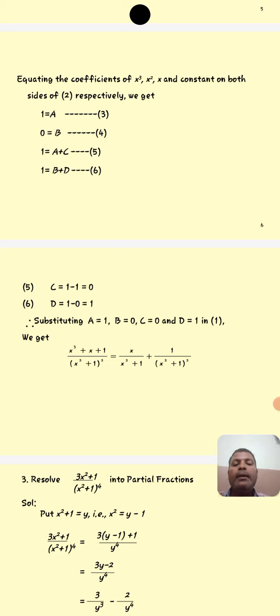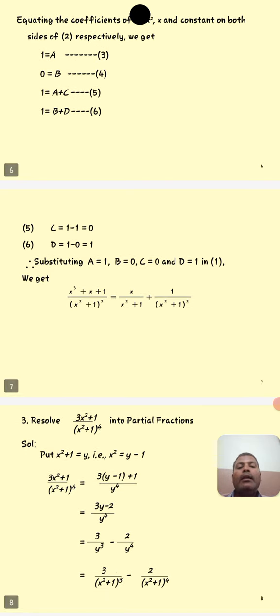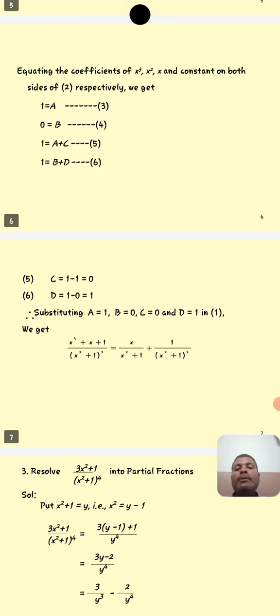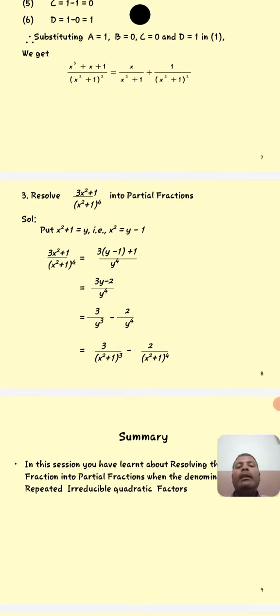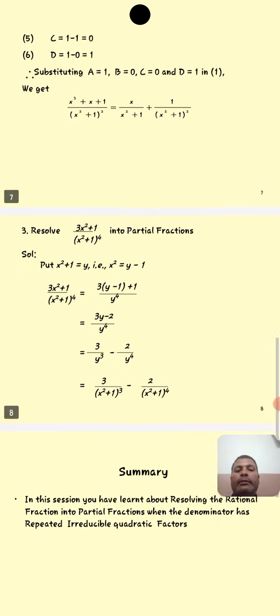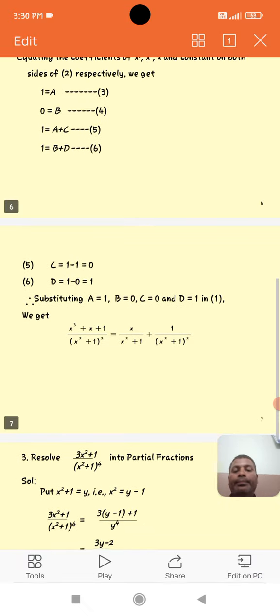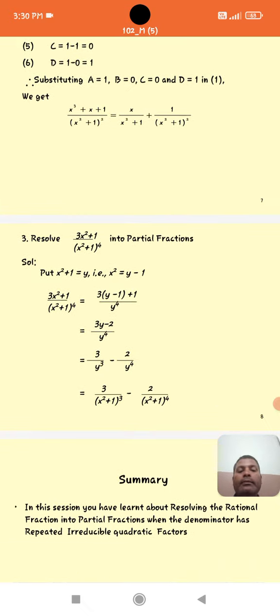(Ax plus b) divided by x square plus 1 one time, (cx plus d) divided by (x square plus 1) whole square, plus (ex plus f) divided by (x square plus 1) whole cube. So how many times? 3 times repeated. Then we have to find the values of a, b, c, d, e, f. Okay?